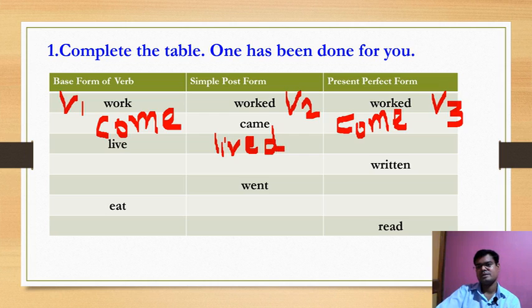The same form is here: lived. Okay, here: write. You can write here. Once again here: wrote, and last is written.